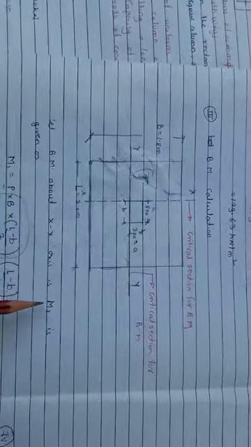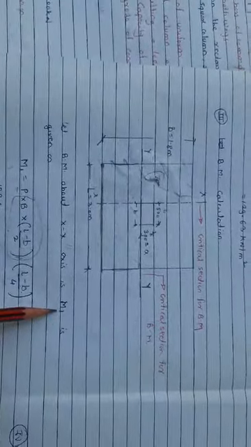Let the bending moment along the x-axis be M1. For the calculation of the bending moment, we have to consider the net upward pressure multiplied by the area of this rectangular section. The rectangular area is nothing but this width multiplied by the length of the rectangular section. So P into B into length, this length is given as (L minus B) divided by 2.